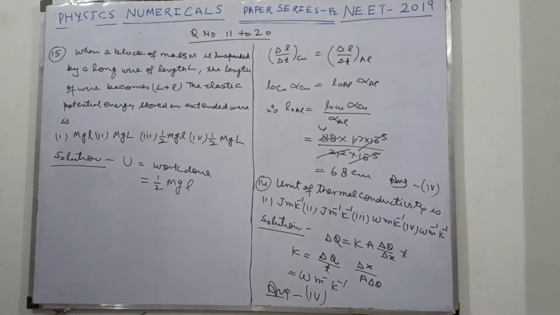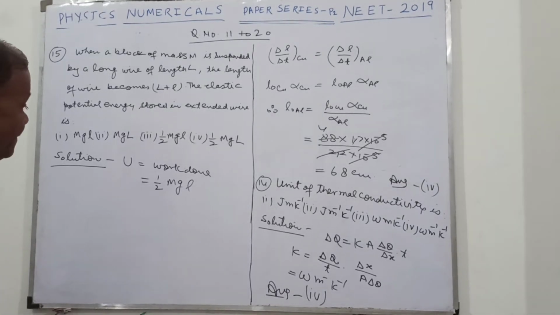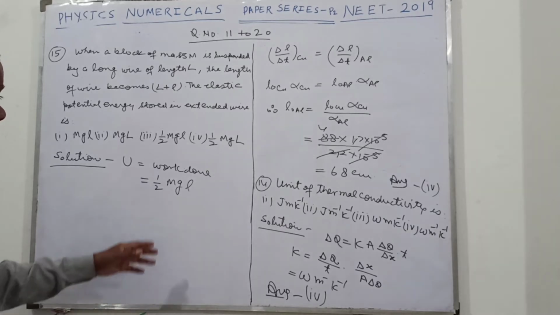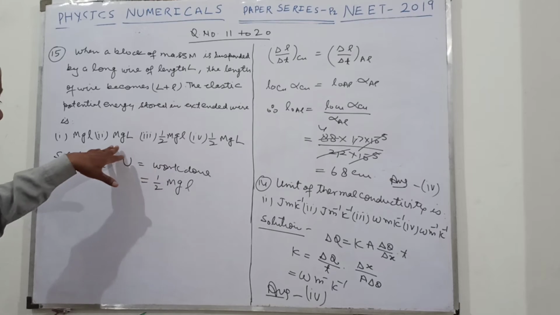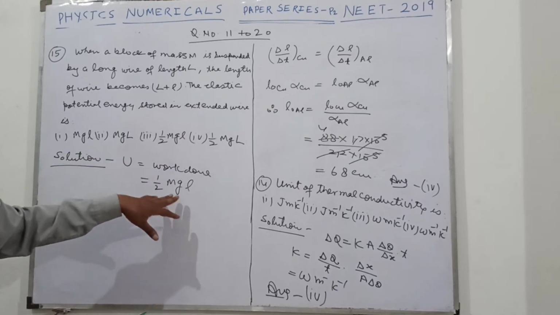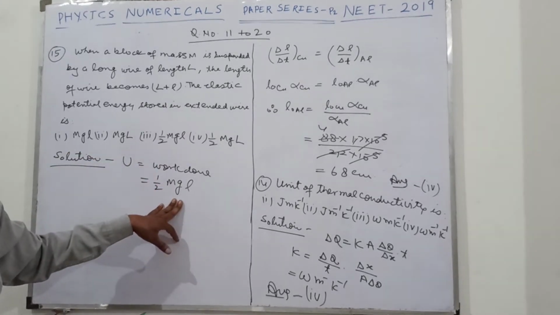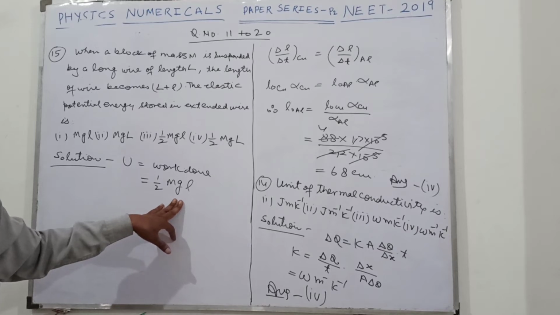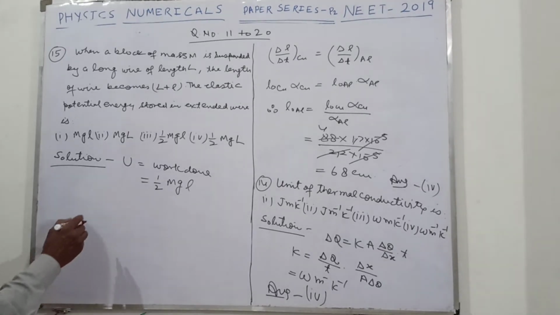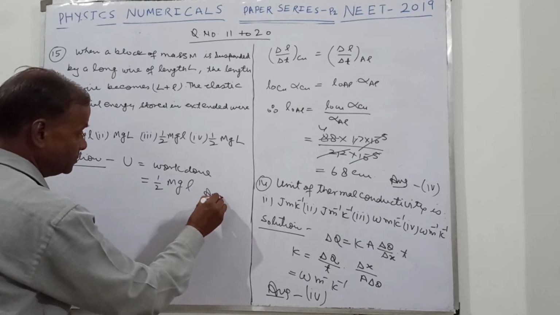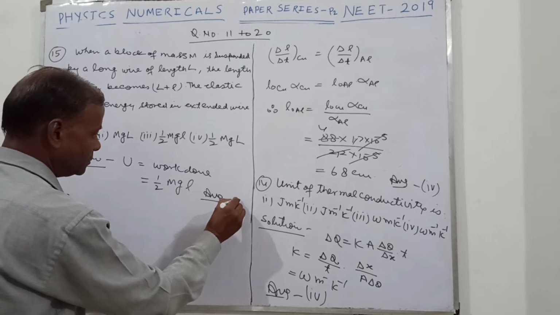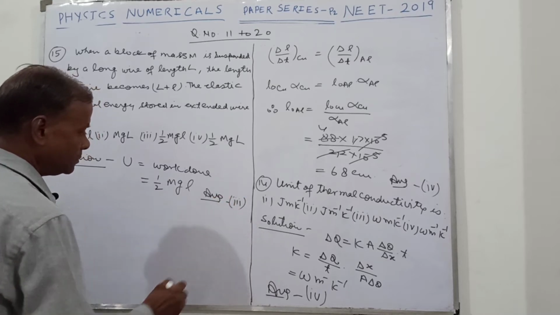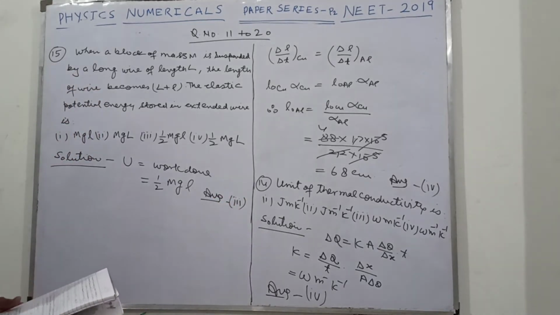This is also taught to you in the chapter of elasticity: so much energy is required to extend the wire by so much, and this energy is stored in the increased length of the wire. So our answer is half mgl, the third answer.